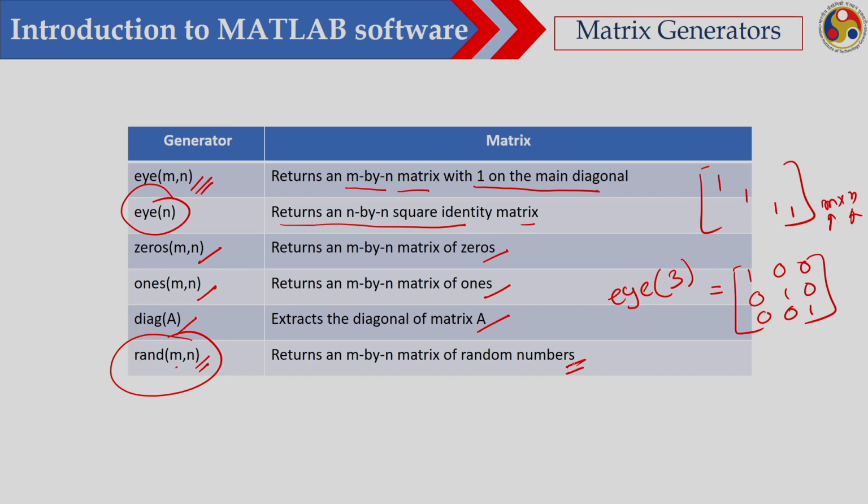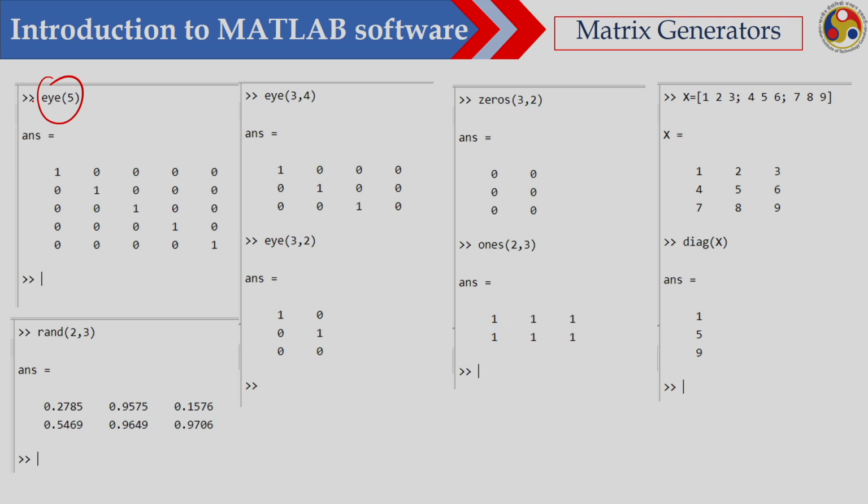So, let us see that. Here I have shown eye 5. So, this is a 5 by 5 matrix. You can see all diagonals are 1, okay, and off diagonals are 0. And if I just write eye 3 comma 4, okay, 3 by 4, it will create 3 rows and 4 columns, and all diagonals will be equal to 1.